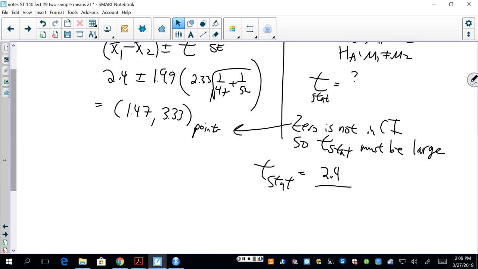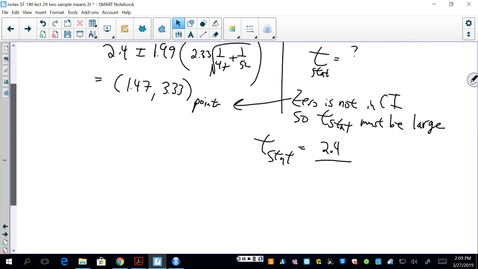The standard error is this thing, 2.33 times the square root of 1 over 47 plus 1 over 52. It ends up being about 5.12. A lot bigger than 1.99.